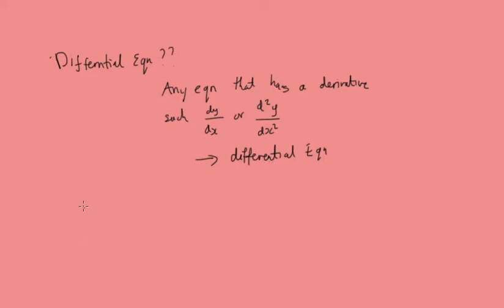So say we had dy by dx equals 3x squared. y is going to be x cubed plus c. And this is what we call the general solution.